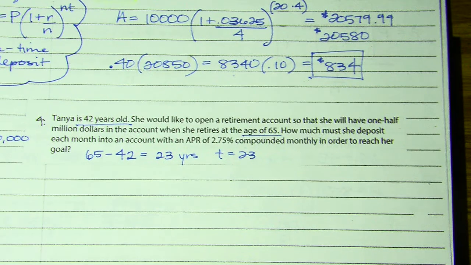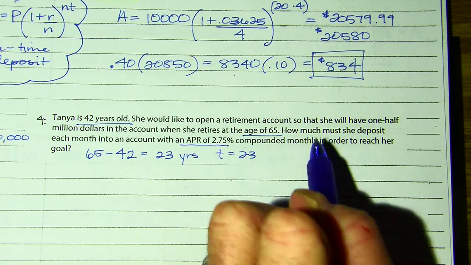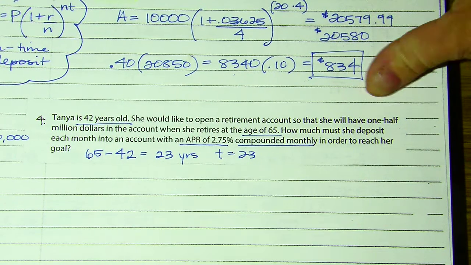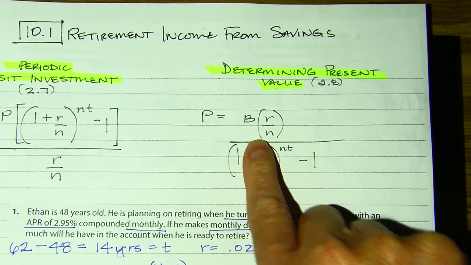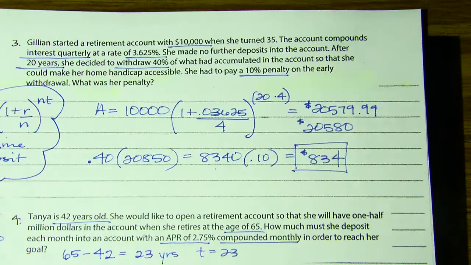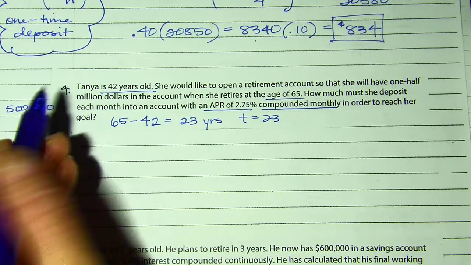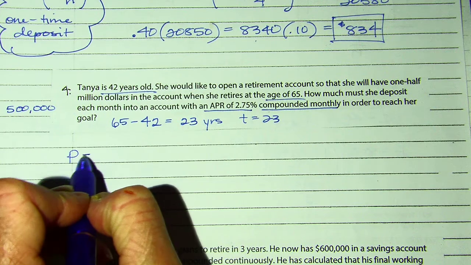So that's where we need to know her present value, what she needs to deposit now with an APR of 2.75 compounded monthly. So since we're looking for the present value or what we need to deposit now, we're using this formula here. So how much must I deposit now?